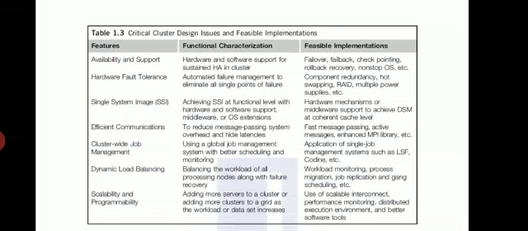In clusters of cooperative computers we have seen the cluster benefits, features, applications, and limitations. There are four cluster categories. The first is high availability, the second is load balancing clusters, the third is high performance computing, and the last one is grid cluster.